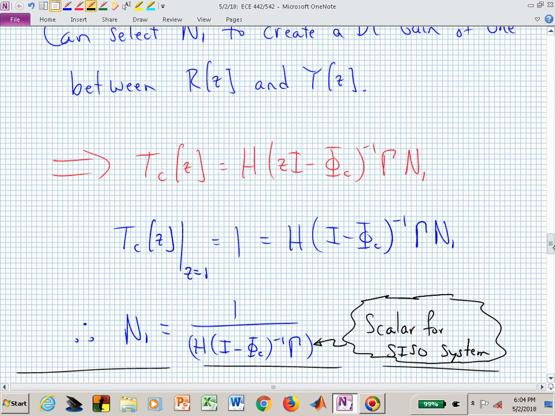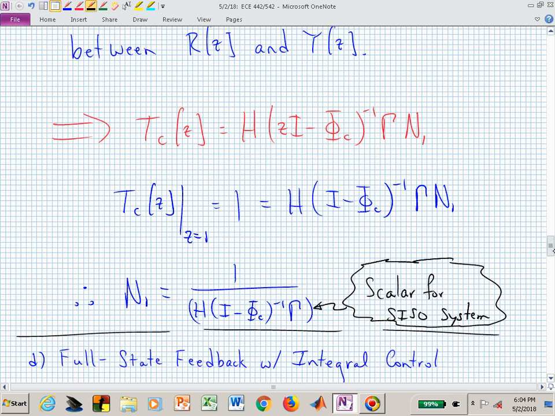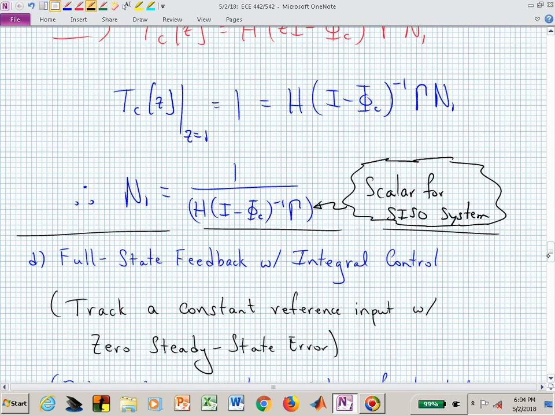Now, I kept emphasizing the fact that, oh, you could pick N sub 1 and make your steady state error 0 if you knew all of these parameters precisely. What do you do if you don't know them precisely? Now maybe what you want to do is introduce an integrator.